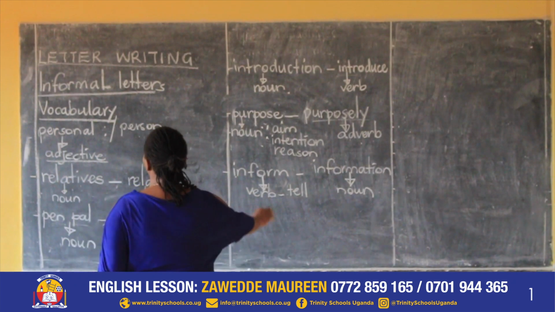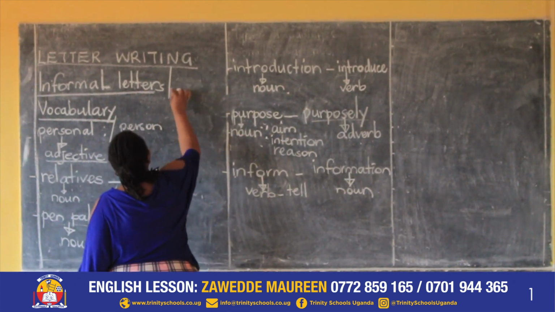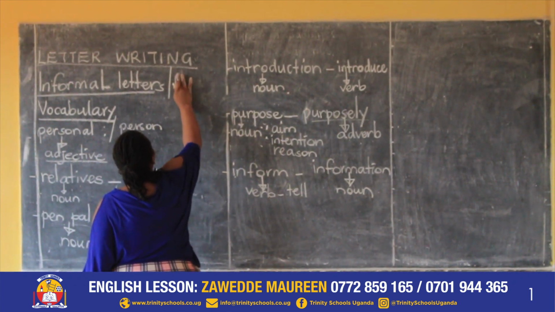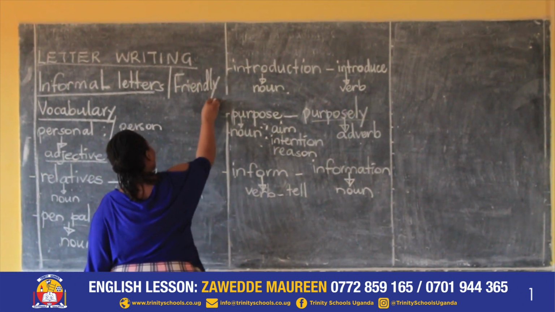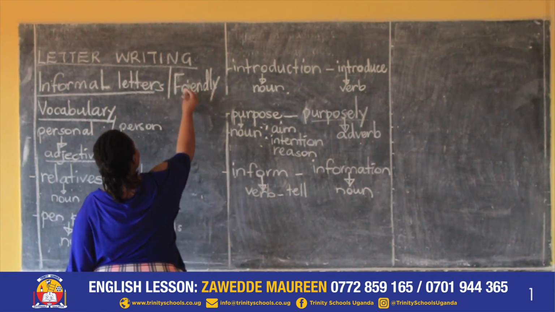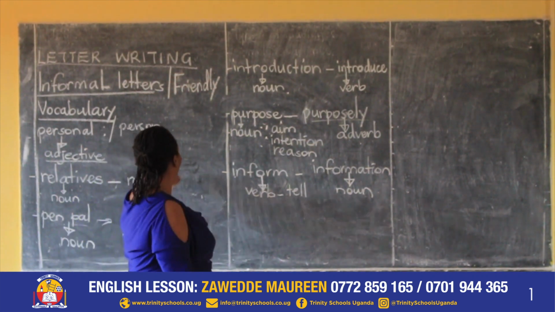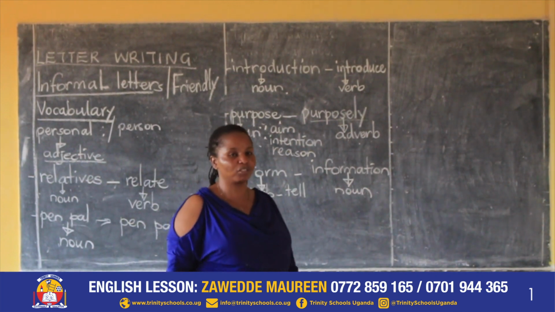So children, there is something that I forgot to let you know, that sometimes these informal letters are called friendly letters. Friendly, which comes from the word friend. I've forgotten to bring out that word, very important.